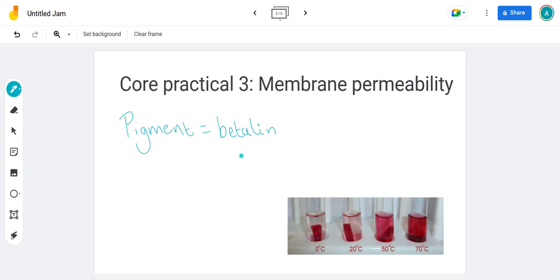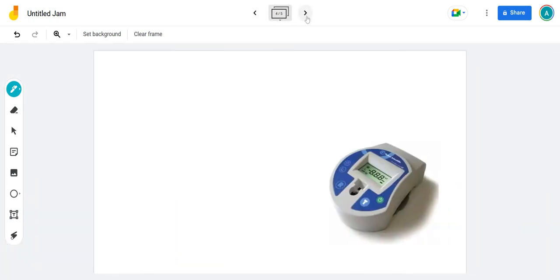The second thing is that it uses a piece of equipment called a colorimeter. I've got a picture of it here. What happens in the colorimeter is you put your little sample in here.